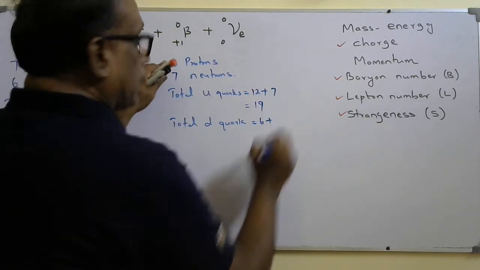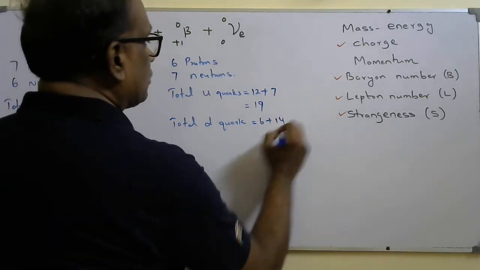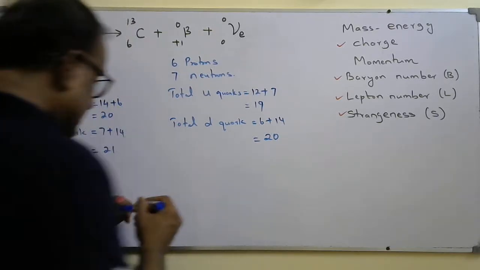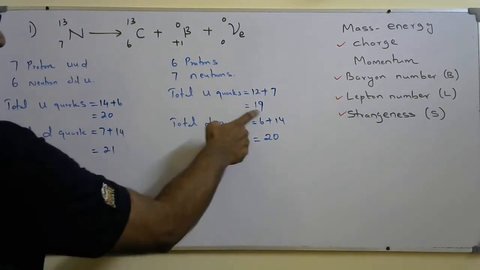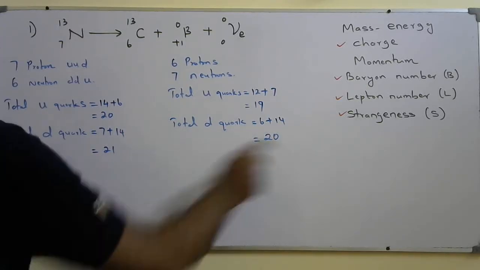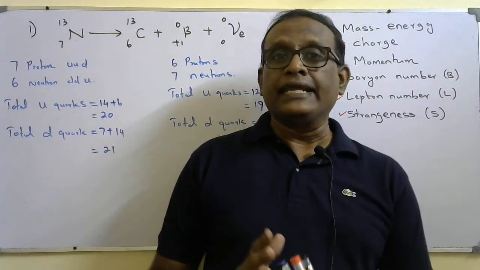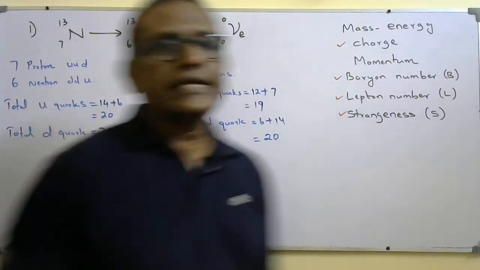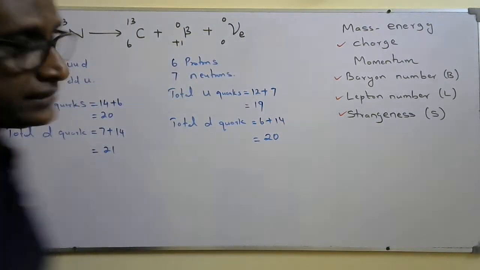So 6 plus 7 neutrons, 7 into 2, 14, 20. So you can see now total up quarks is 20 here, 19, not conserved. 21, 20, not conserved. So type of quarks not conserved means weak interaction. Already I told you that beta decay is a weak interaction. Okay, so here it's a weak interaction.